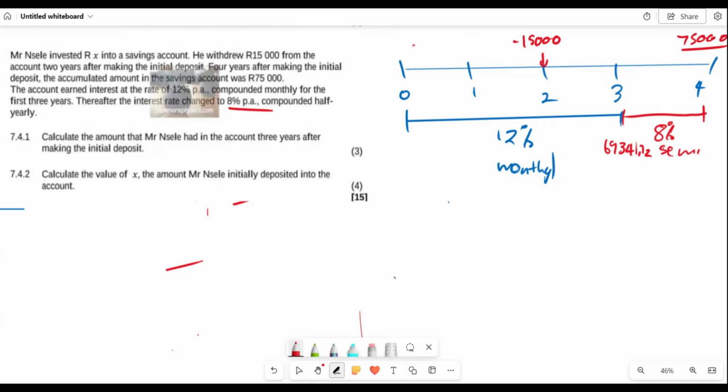So one can calculate how much interest this particular 15,000 was going to earn a year after, and then calculate thereafter. Altogether, we can calculate the amount of interest that was going to be earned on the 15,000 once again.